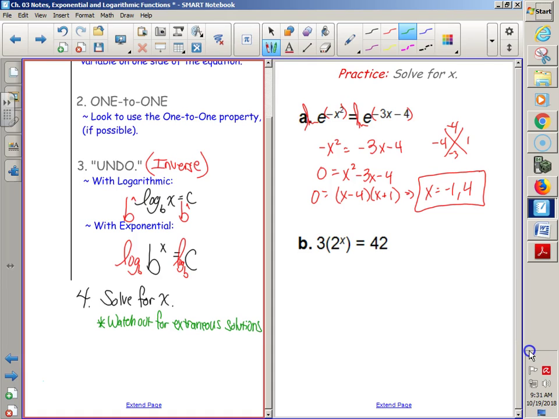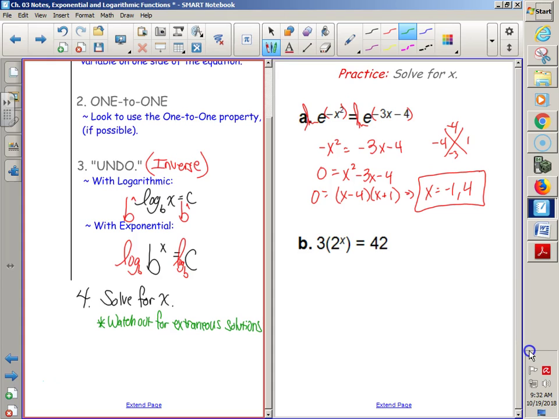Extraneous solutions. Sometimes when you solve, according to the math that's right in front of you, it should work as an answer. But something earlier made it illegal. Watch out for extraneous solutions.